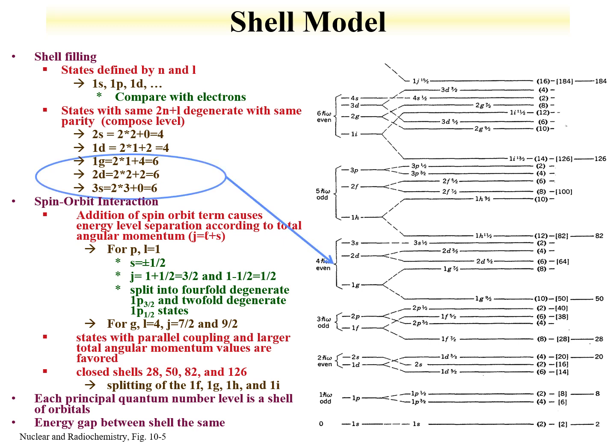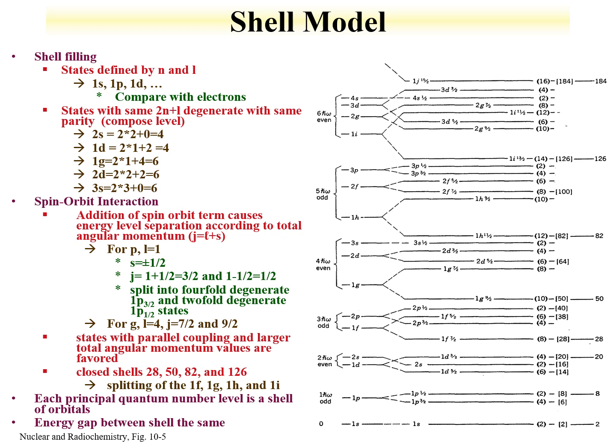We can see the same thing shown here, where we have the 1g, 2d, 3s, where all these equal 6, and those levels become degenerate. And then when we have spin-orbit coupling interactions, where we can split the angular momentum, where j equals l plus s.